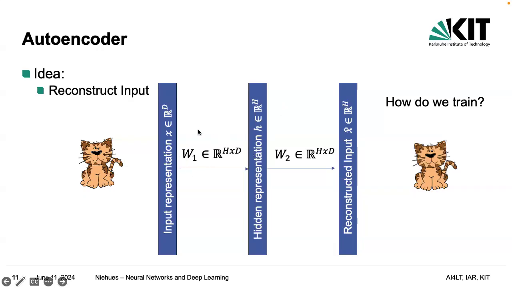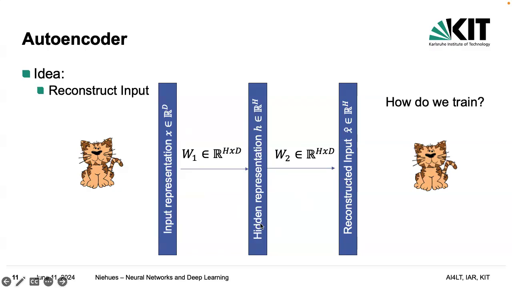So H is calculated as W1 times X, and X dash is calculated as W2 times H, and then we have our reconstruction. The parameters we have to learn are now W2 and W1. We have to somehow learn good parameters here.